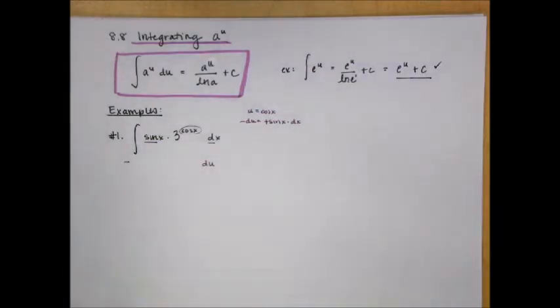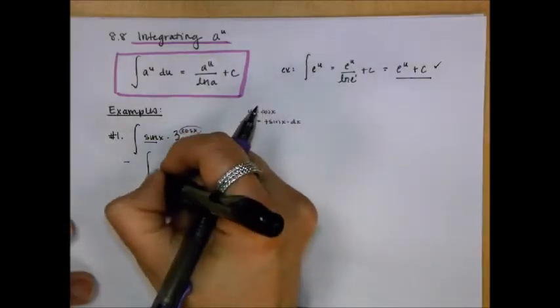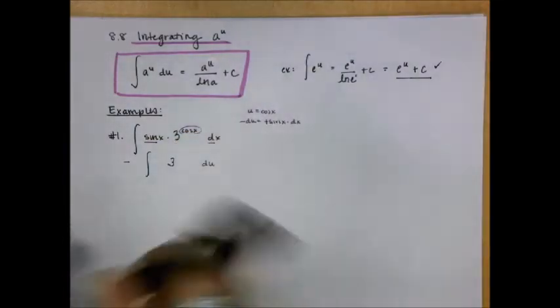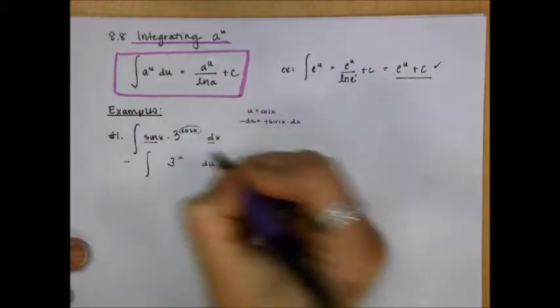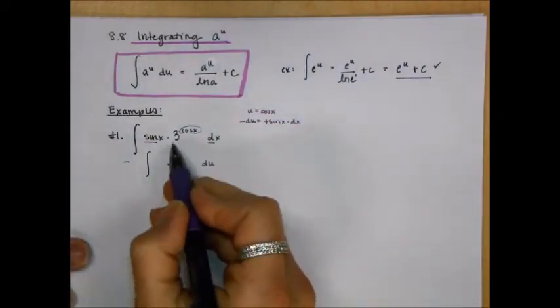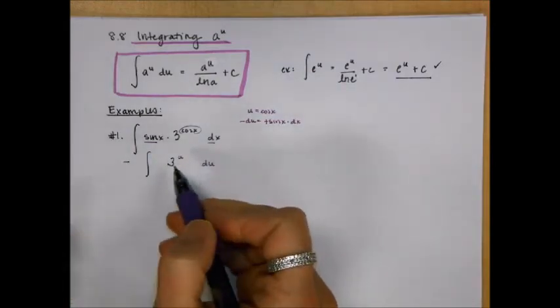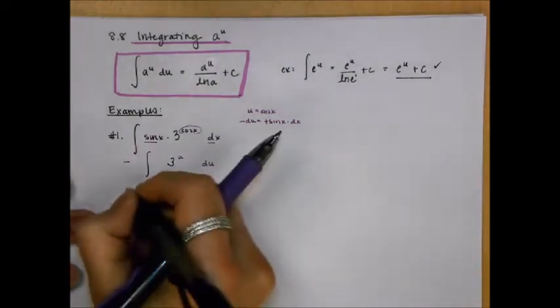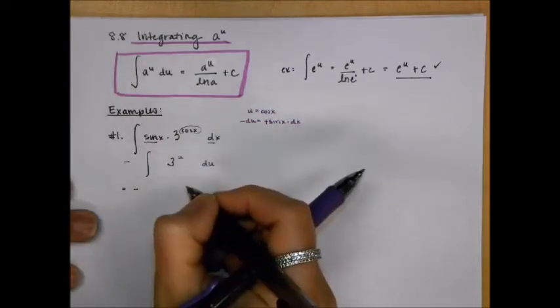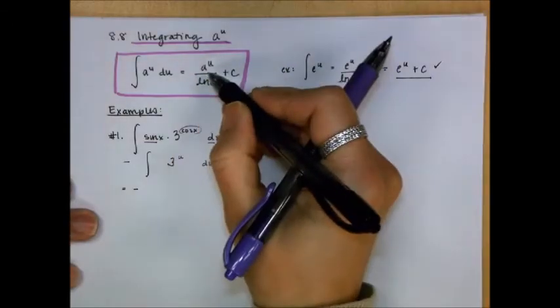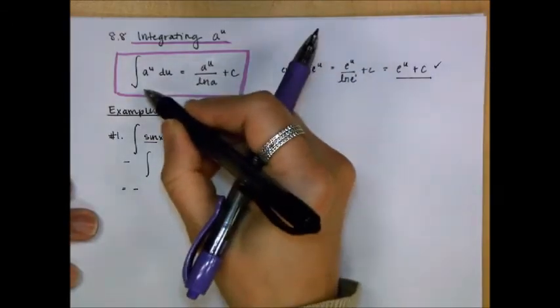I pulled that negative all the way to the front, and that's going to leave me with 3 to the power u. So that base will stay. The substitution is just taking place of the exponent here. So in integrating this, we'll keep that negative coefficient. Our integral is going to keep what we started with, so that 3 to the u is going to stay 3 to the u.